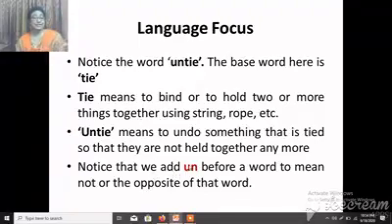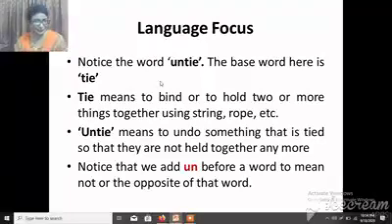Notice that we add un before a word to mean not or the opposite of the word. That means the opposite of the base word. Tie is the base word and we put un before tie. The opposite word is untie, to undo something that was tied up.